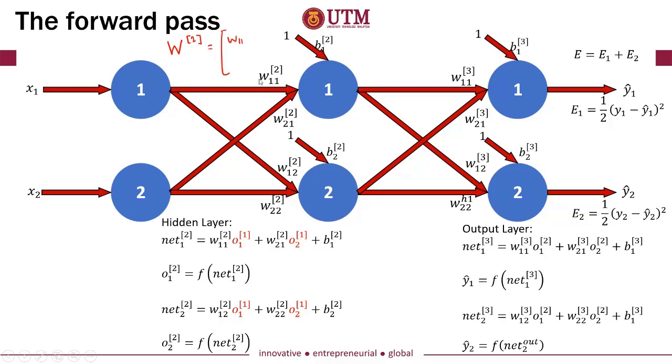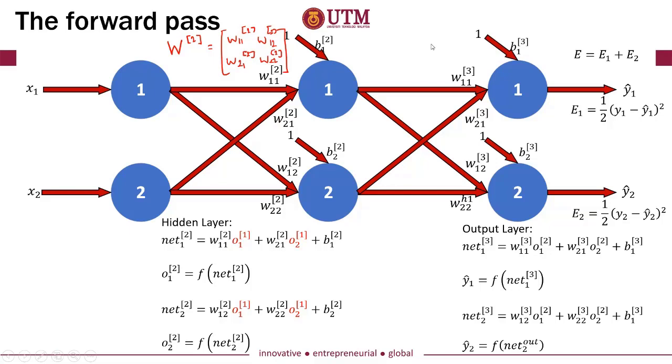This one is row number 1, column number 1, then row number 2, column number 2. So this one should be W21, and then this is W12, W22. So everything there is the W at this second layer.